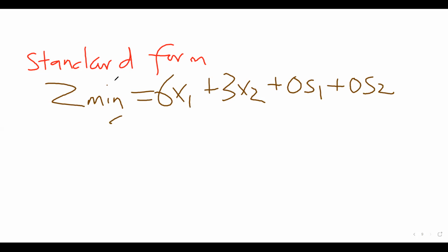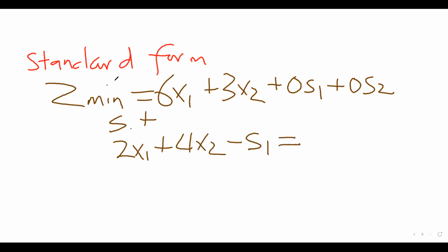Subject to, and then you write your nitrogen constraint. Like I've already indicated, you have to subtract the surplus from it. So the nitrogen constraint is 2x1 plus 4x2. You subtract the S1 from it and bring an equal to sign, and then bring your 16 pounds. And then you do for the phosphate as well.